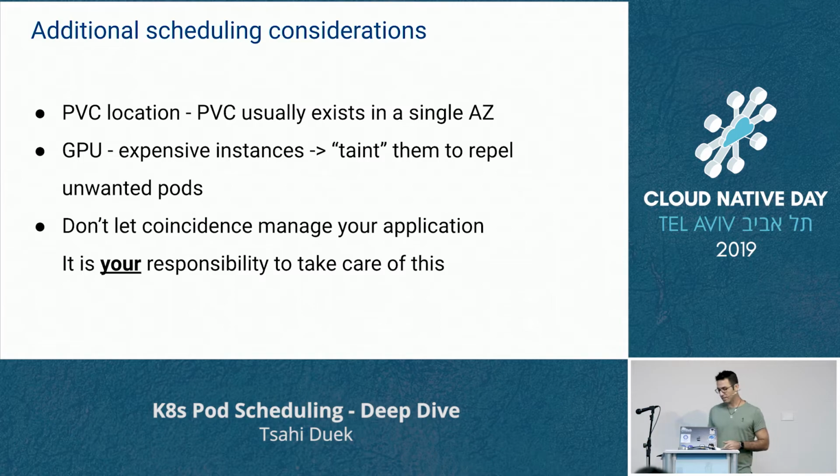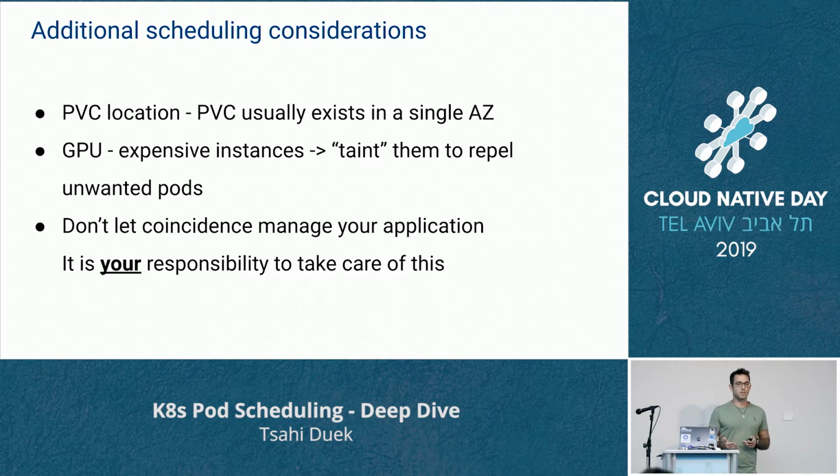And the last thing, and the most important, is the last sentence: don't let coincidence decide. A lot of people ask me, I just ran kubectl apply on the deployment with 3 replicas, and all the pods were scheduled on different nodes, so I don't know what you're talking about. But this is a coincidence.